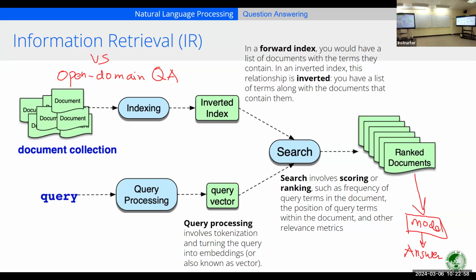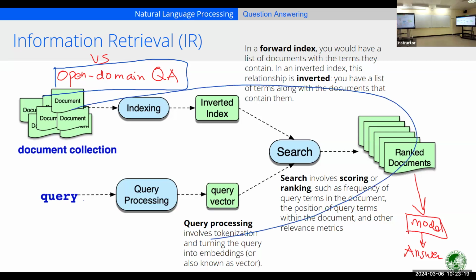Before we move on, let's talk more about open domain QA, right? In open domain QA, we call this whole process of information retrieval, of finding the ranked documents, the retriever.